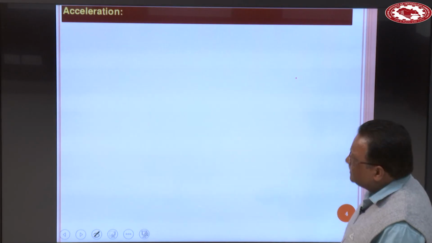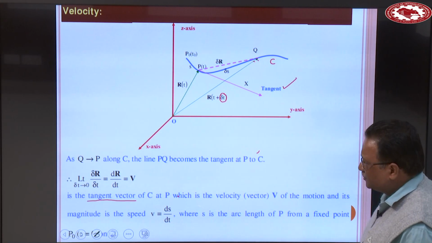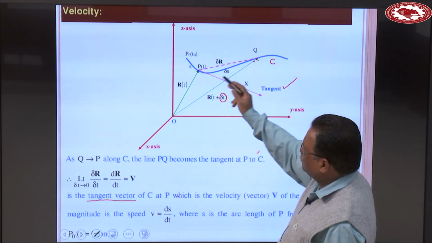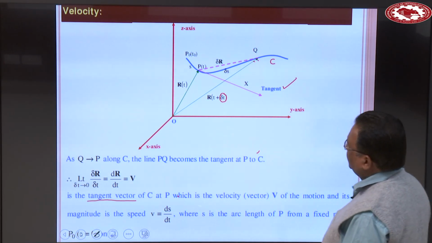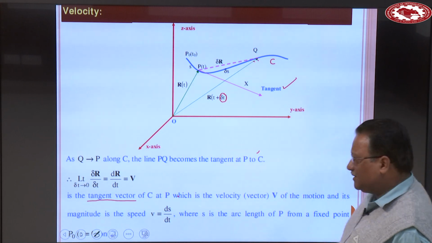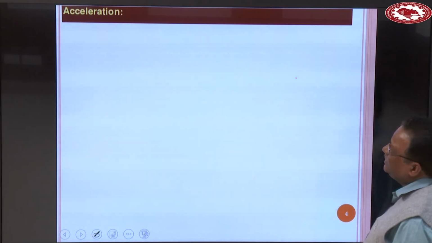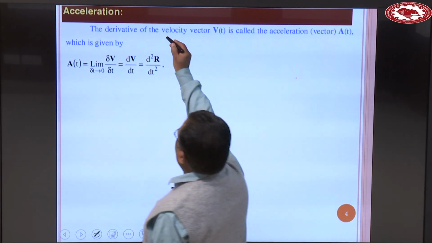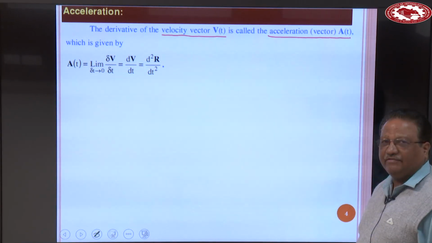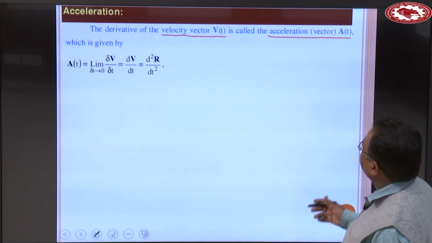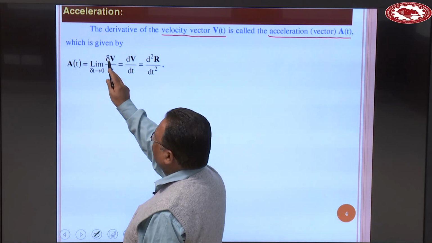Now, on the same line we can define the acceleration. Velocity is clear: as Q approaches P, PQ becomes the tangent at P to the curve C, and the limiting value is dr over dt, the tangent vector of C. The derivative of the velocity vector is called the acceleration vector A, which is given by A equal to the limit as delta t tends to 0 of delta v over delta t.